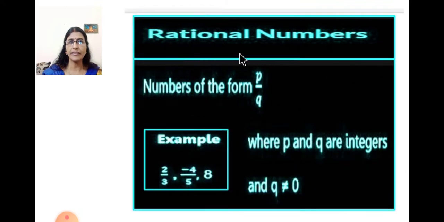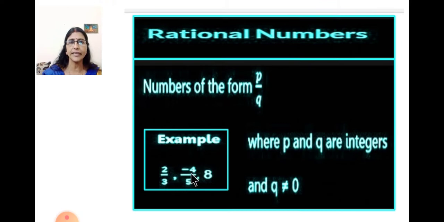Now, what are rational numbers? Rational numbers are the numbers which can be written in the form of p upon q, where p and q are integers and q is not equal to 0. So you can see these are examples of rational numbers. 2/3: you can see both numbers are integers, 2 is an integer, 3 is also an integer, and q, the denominator, is not equal to 0.